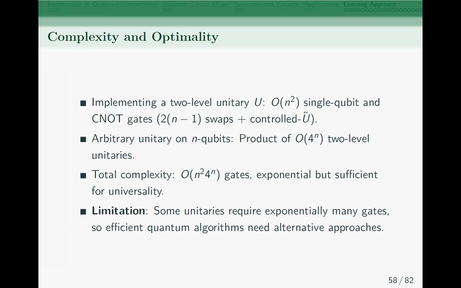The total complexity is that from this method you can produce n squared times 4 to the n gates. So this is exponential but sufficient for universality, because you need exponentially many two-level unitaries and the angles. And then this part is linear. This is linear.